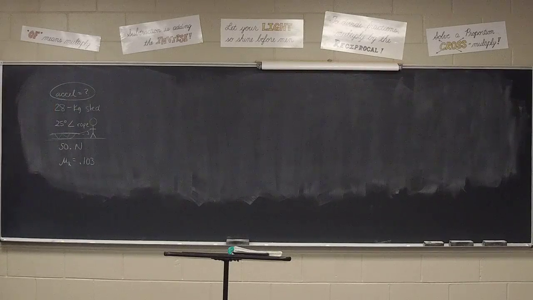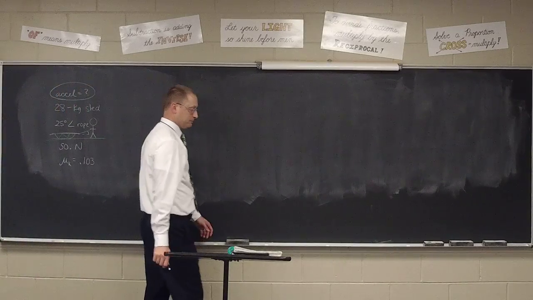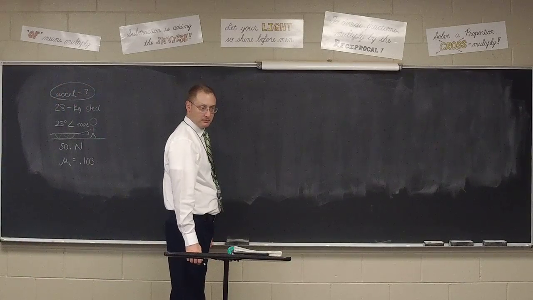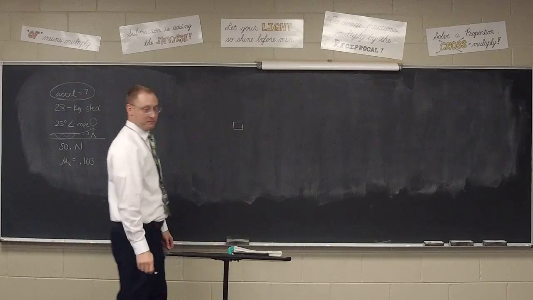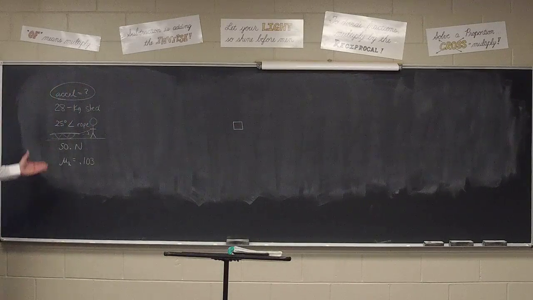First thing we do in any force problem is draw a sketch that we call, class, a free body diagram. Okay, so how should we draw the sled? Box. Box? All right, very good. That is the sled. Because artwork like that is just too hard for a scientist.